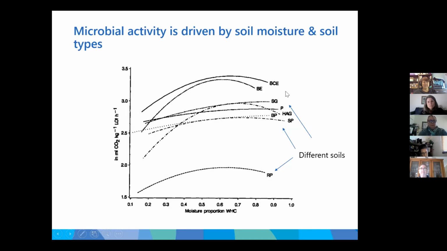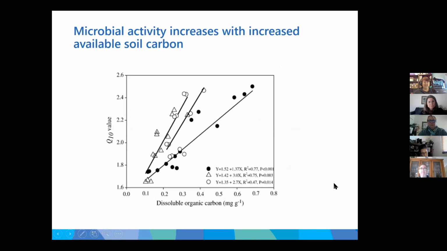So different soil types will have very different moisture curves relating to activity. And if we look at the relationship between organic carbon in the soil and microbial activity, when you increase the organic carbon, this is the available organic carbon, you've got a relationship with increasing activity with increasing soil carbon.